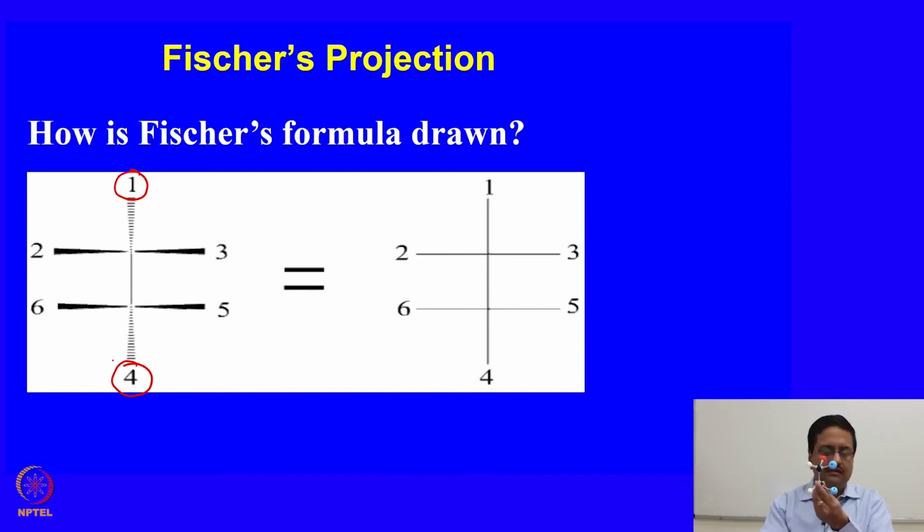Now the way this projection is drawn is that the C-C bond in between is drawn on the plane of the board, and based on that C-C bond, the two oxygens which are below the plane of the board are shown as dashed lines, and the two other atoms which are on the right and left are shown as bold wedges, indicating that these two are above the plane of this C-C bond.